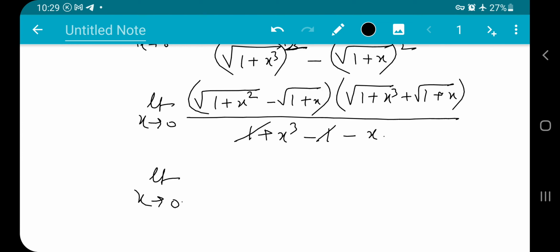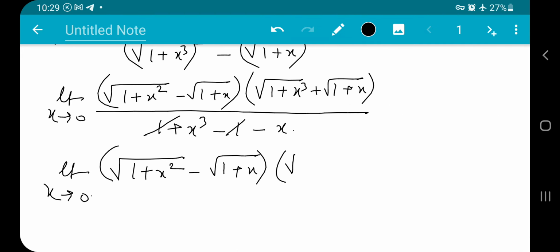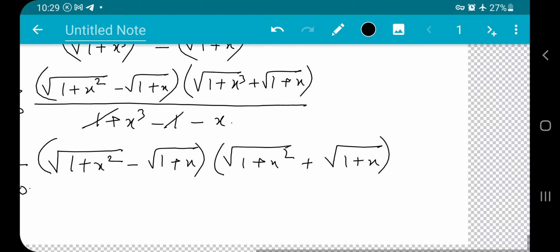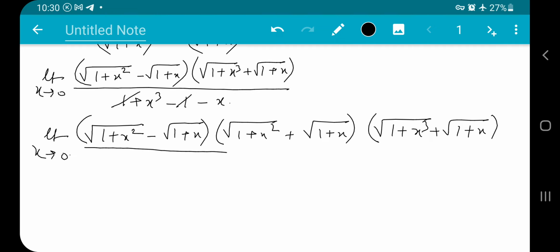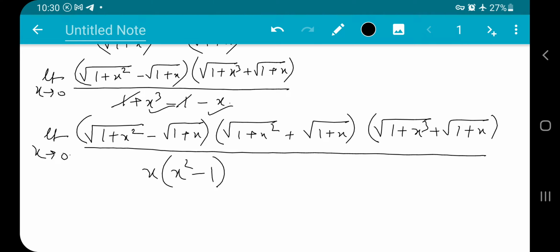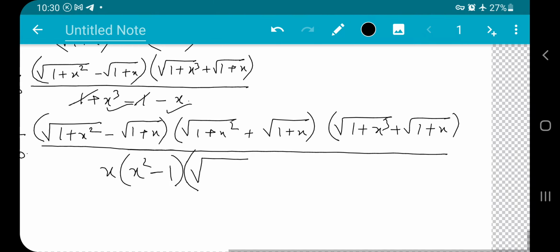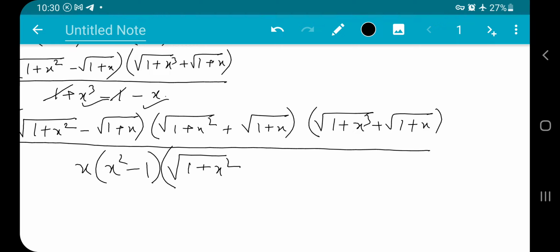Now we will rationalize the numerator. 1 plus x square minus root over 1 plus x. I will multiply with 2 over 1 plus x square plus 2 over 1 plus x. This part is left out. Factorize, you will get x square minus 1 and 1 plus x square to 1 plus x.